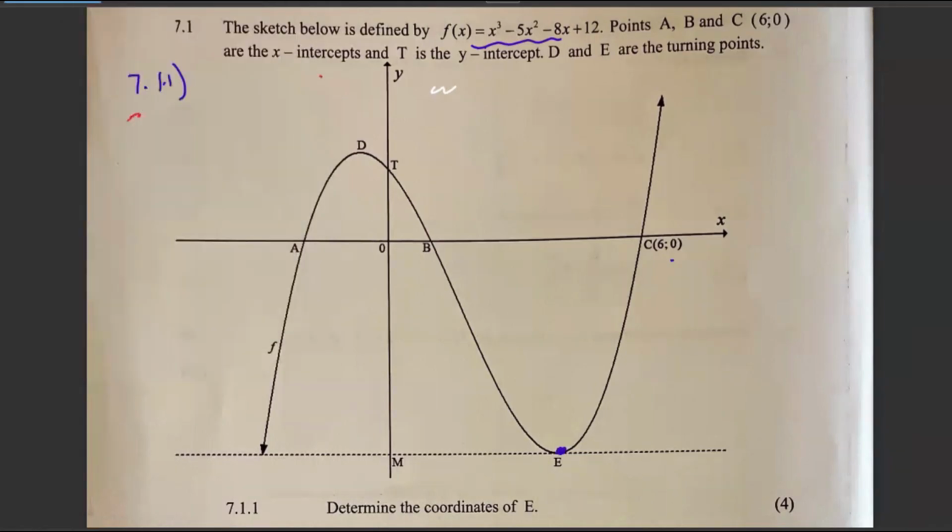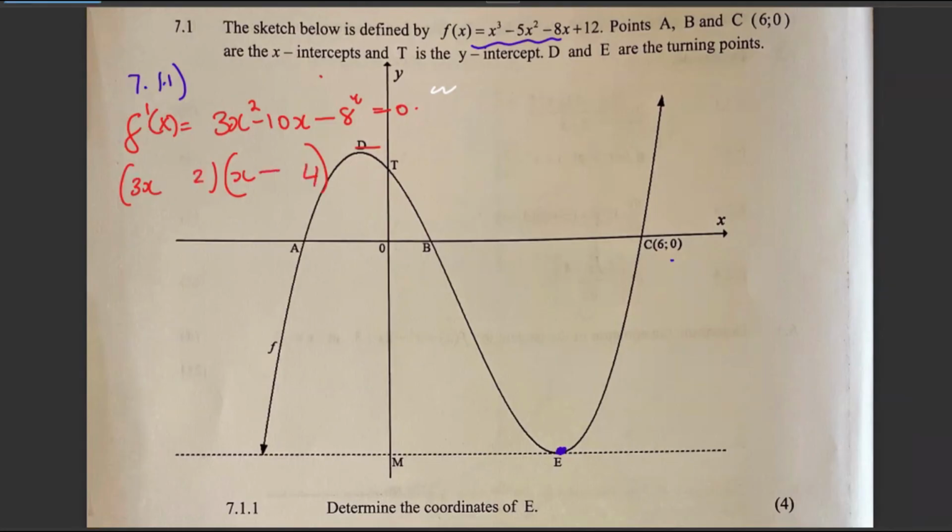So the first derivative is going to be 3x squared minus 10x minus 8 is equal to 0, because the gradient at a turning point is 0. Then we need to factor this out, 3x and x. For us to get 8, we can use 4 and 2.